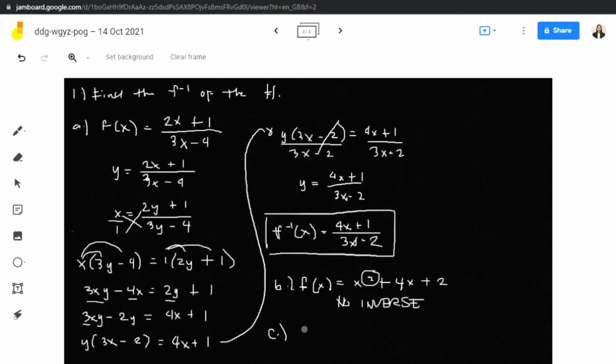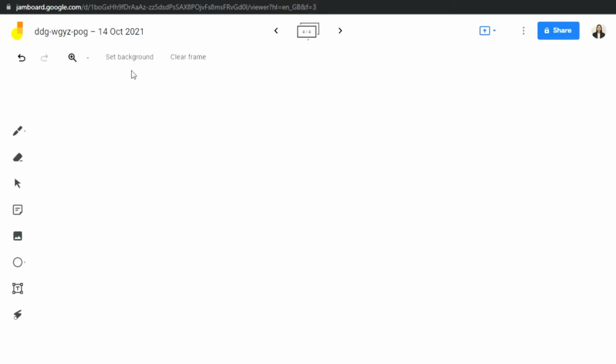Next, if we have here f of x is equal to the absolute value of x cubed. The same with this case, this function does not have an inverse because this is not a one-to-one function. So you have to remember all these conditions that must be satisfied before jumping and taking long solutions for your problem.